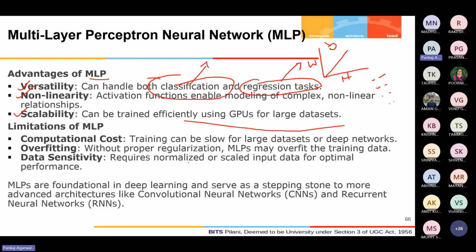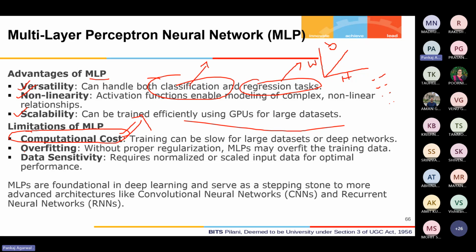Limitations, obviously, as we go along, we might increase a good number of hidden layers and everything, but eventually with large data sets, it can be a little slow. The computational cost is high, but using high-end architectures, we were able to improve upon the performance for sure, but the computational cost would definitely go up.